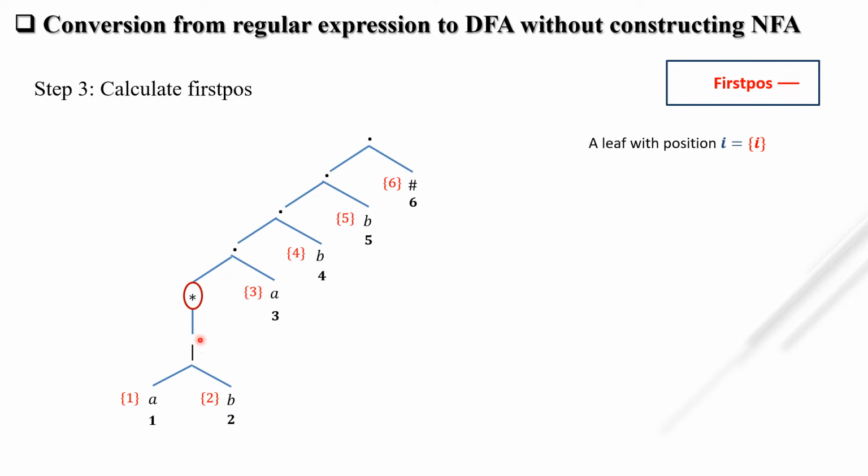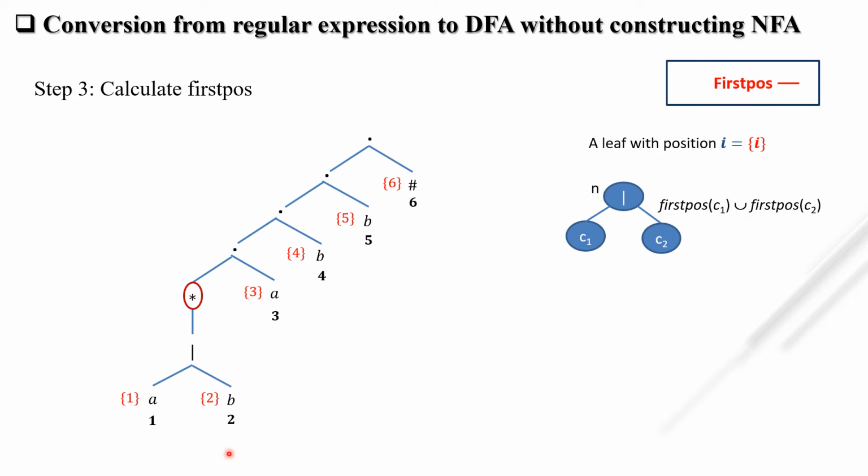So what is the rule for this OR symbol? Let's see. Here C1 is this A and C2 is this B. Now we have to find the first position of this OR operator. How do we find it? First position of C1 union first position of C2.